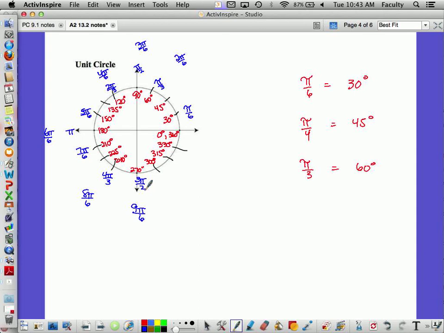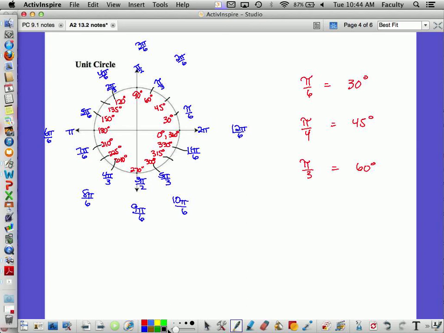I add another 30, that's 10 pi over 6. That reduces to 5 pi over 3. I add another 30, that's 11 pi over 6. That doesn't reduce. And if I add another 30, that's 12 pi over 6, which is 2 pi. So do you see how I did that? I went all the way around.